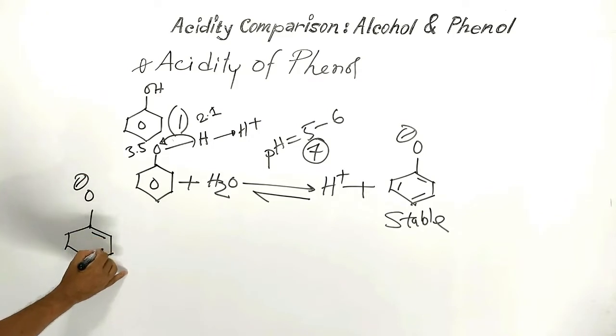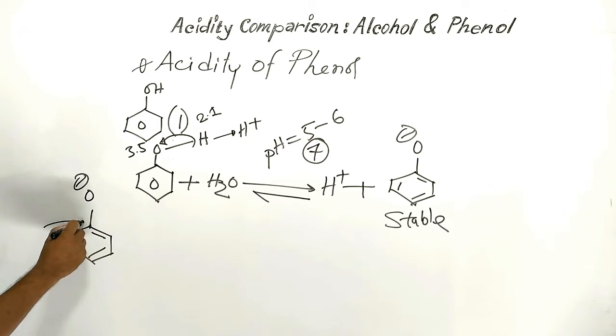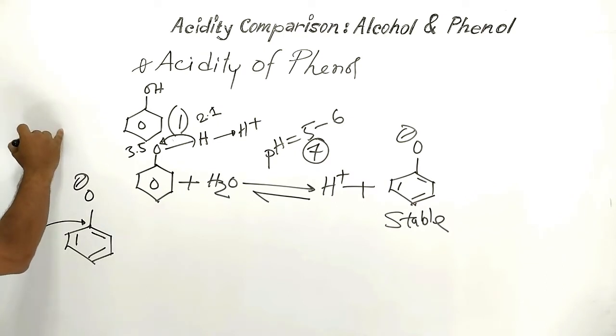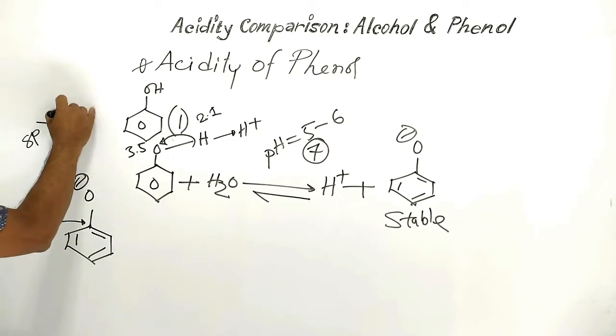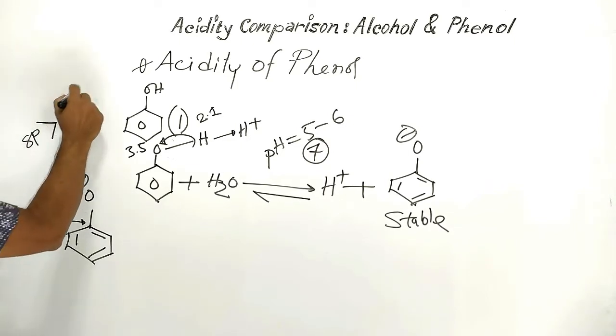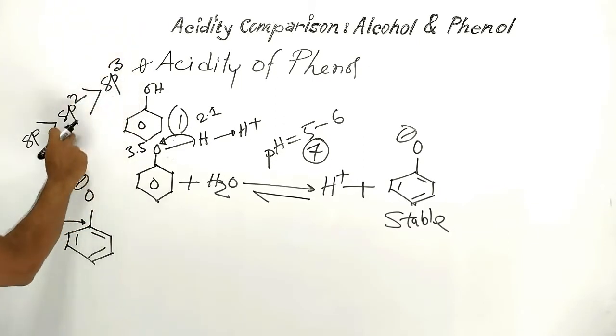Phenoxide ion has 3 pi bonds here. Pi bonding electrons move continuously through pi molecular orbitals. Again, this carbon is sp2 hybridized carbon. We know sp hybridized carbon is more electronegative than sp2 hybridized carbon, and sp2 hybridized carbon is more electronegative than sp3 hybridized carbon.